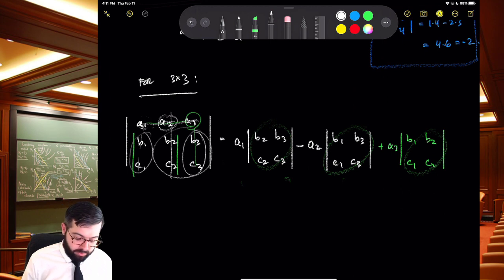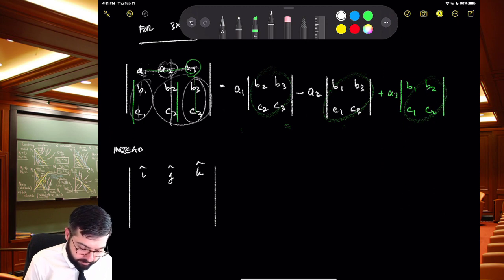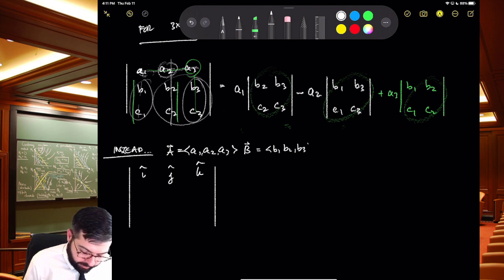So if we take that first row to instead be I hat, J hat, K hat, and we again take A1, A2, A3 as our A vector. Our B vector is B1, B2, B3. And again, order does matter here.